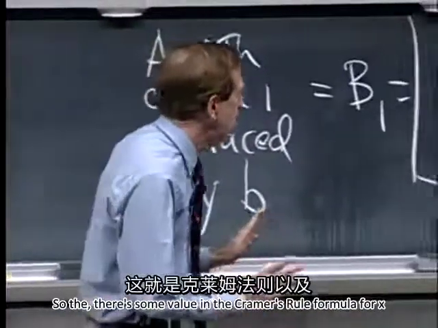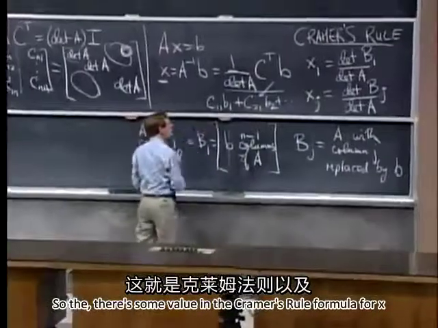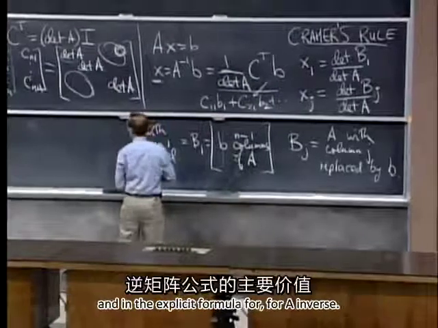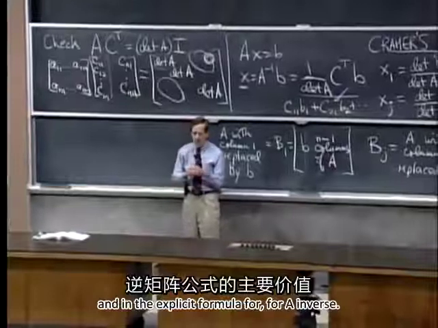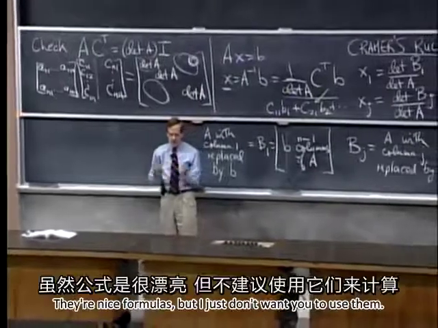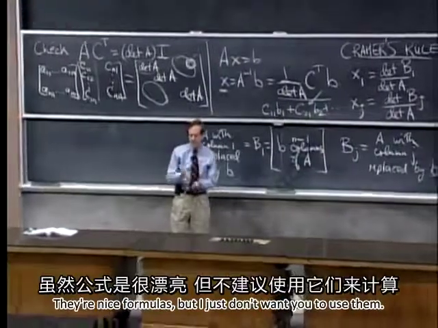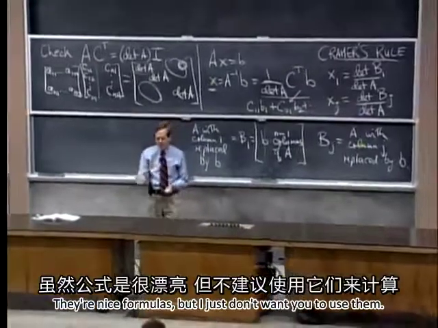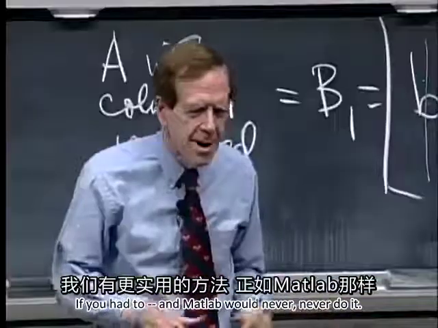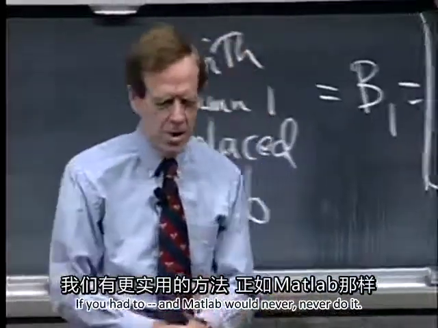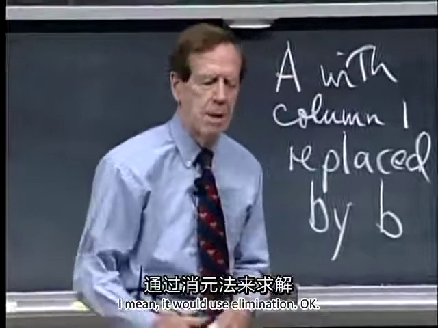So there's some value in the Cramer's rule formula for x and in the explicit formula for A inverse. They're nice formulas, but I just don't want you to use them. That's what it comes to. And MATLAB would never do it. I mean, it would use elimination.